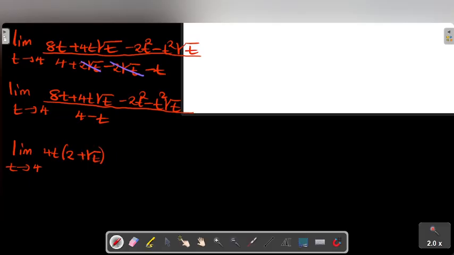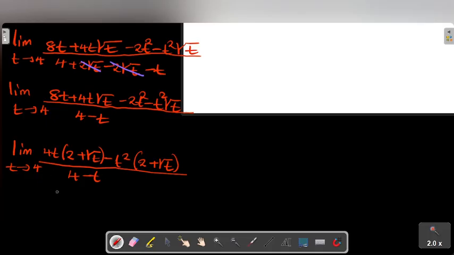Then again we factor out what is common in the other two terms, which is negative t squared. So this will be open, then we have a positive 2, plus root of t. Then this one is over 4 minus t.